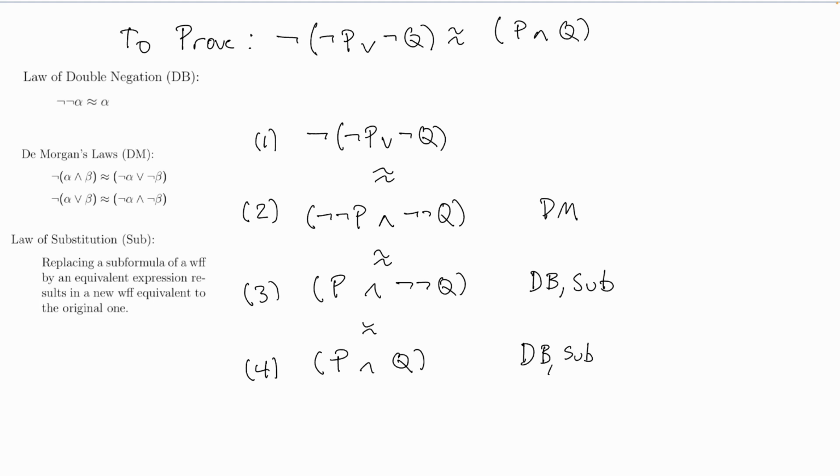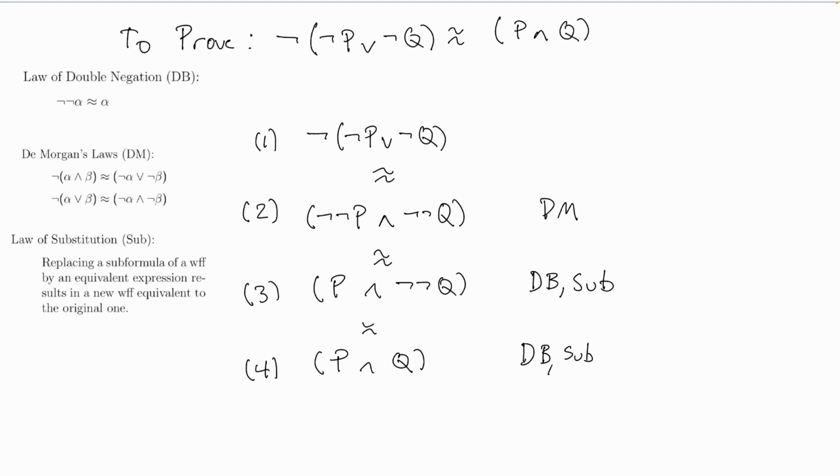Our reasoning shows that not P or not Q is equivalent to not P and not Q, which is equivalent to P and not Q, which in turn is equivalent to P and Q. So it shows that not P or not Q is ultimately equivalent to P and Q by establishing a chain of equivalences, taking us from the former to the latter.